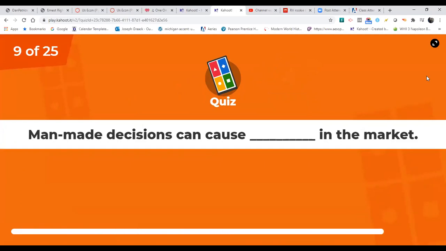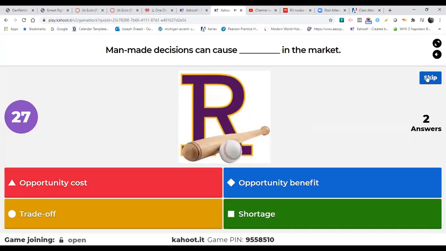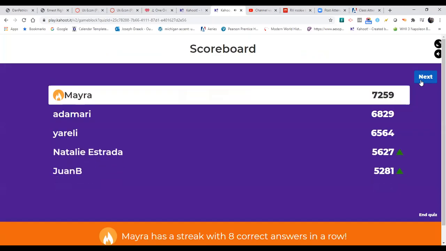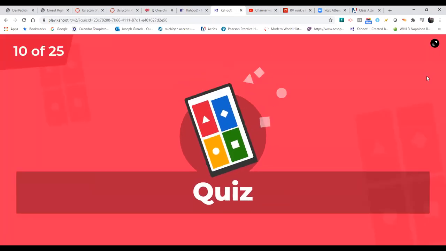All right, here we go. Man-made decisions can cause what in the market? Shortage, right? Man-made decisions can cause a shortage in the market. Myra, streak at 8, up at the top.